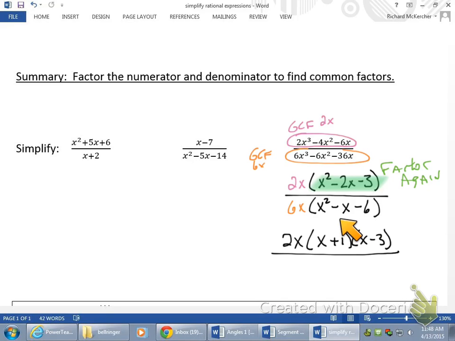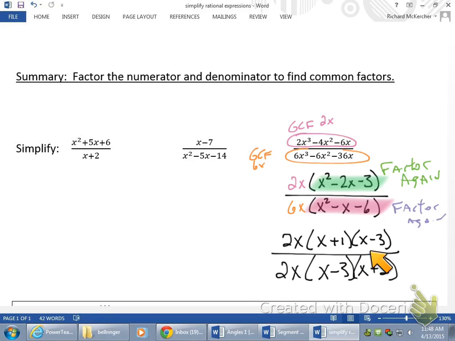And in the bottom, same thing, that one will factor a little bit further. And at this point, I hope you recognize there's a lot of things that can eliminate. I can eliminate the x minus 3's, and I can eliminate the 2x's, and then the 6 of course reduces.